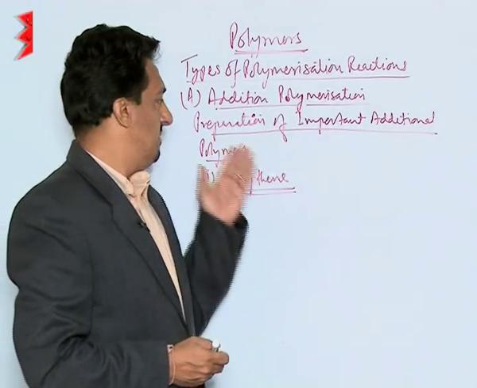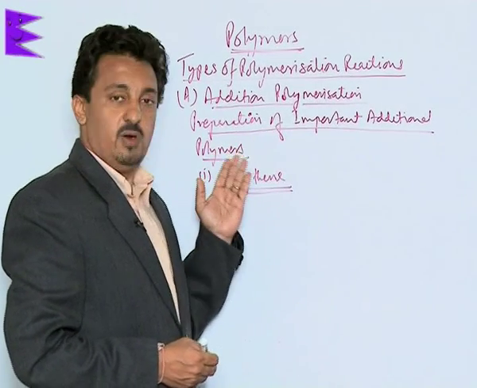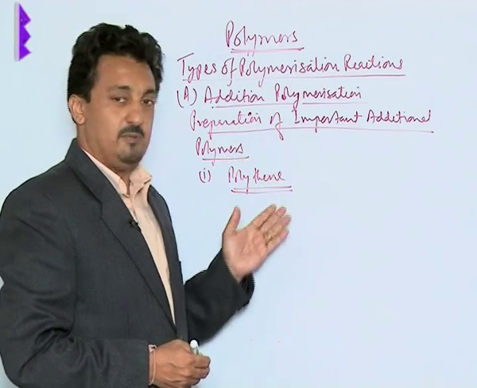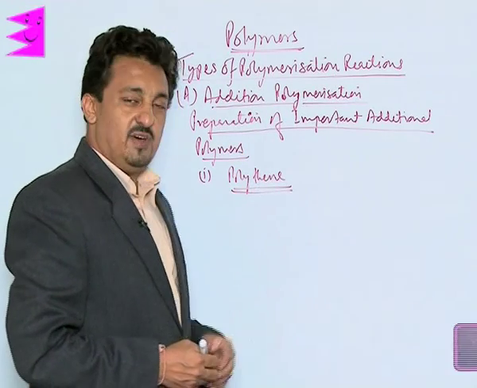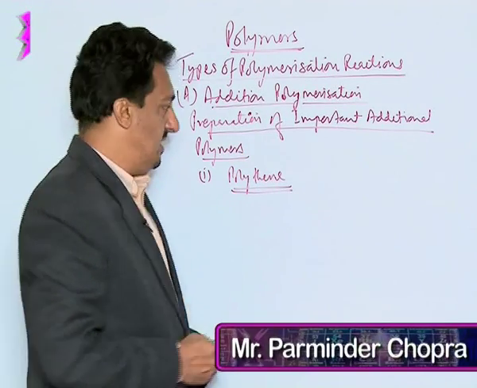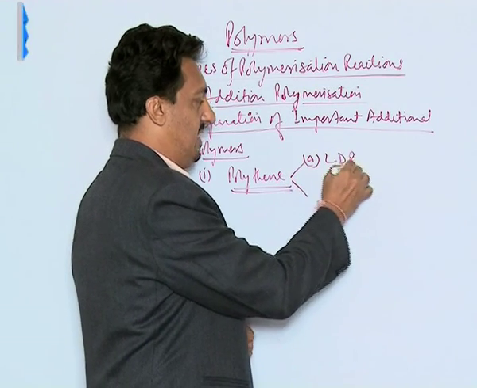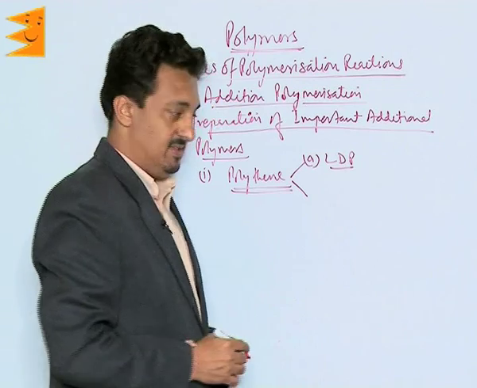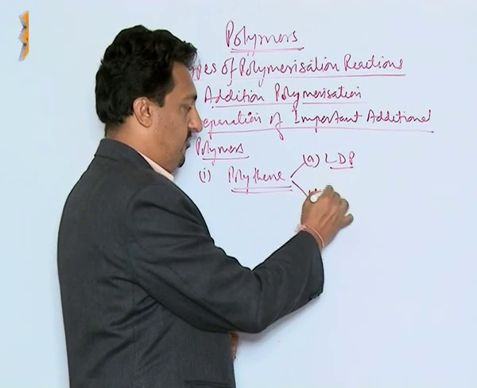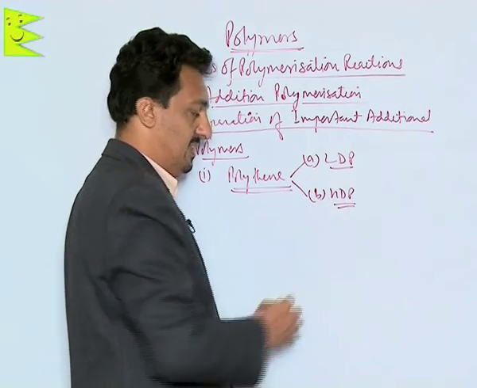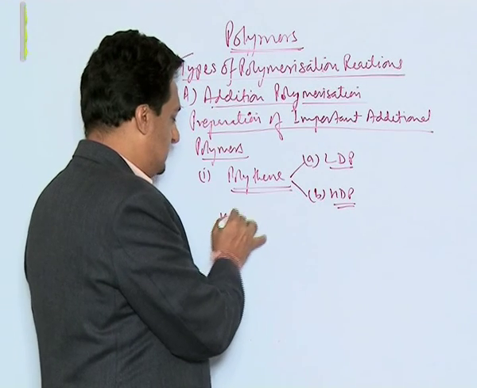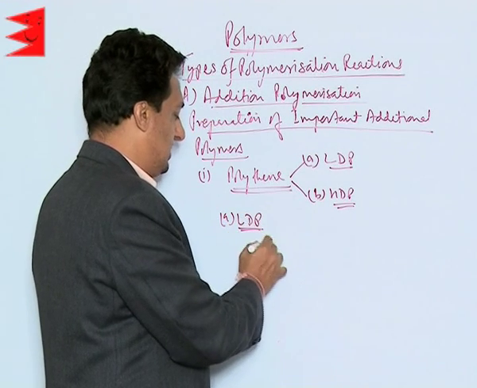Now let us see some important examples of the addition polymers. We will see how they are prepared. The first example is polythene. The polythenes are of two types, two categories. One is called LDP, low density polythene. Another one is called HDP, high density polythene. Now let's take first LDP, low density polythene.